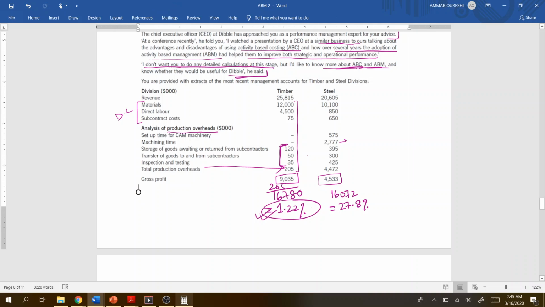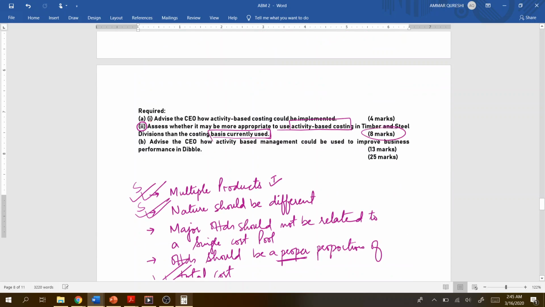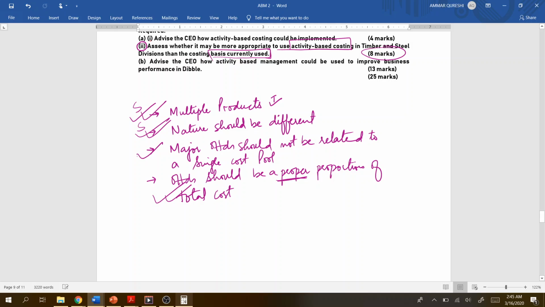So 61% of overheads are actually related to a single cost pool. That means if the company uses activity based costing, then 39% of overheads will be distributed in a different manner, right? So that means all four conditions have been met for steel division. So steel division should use activity based costing.